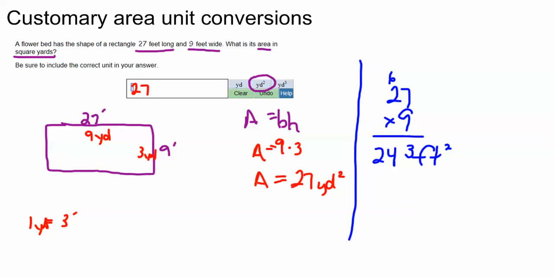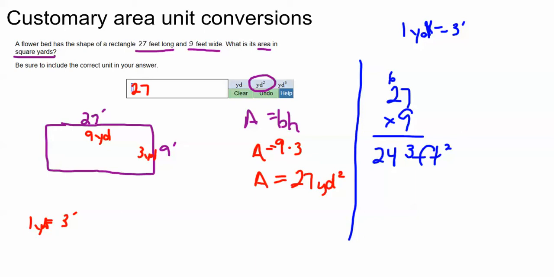Now, what usually gets us here is we're still thinking 1 yard is equal to 3 feet. Which is true, but that's only in a singular dimension. We're no longer looking at yards and feet, we're looking at square feet.